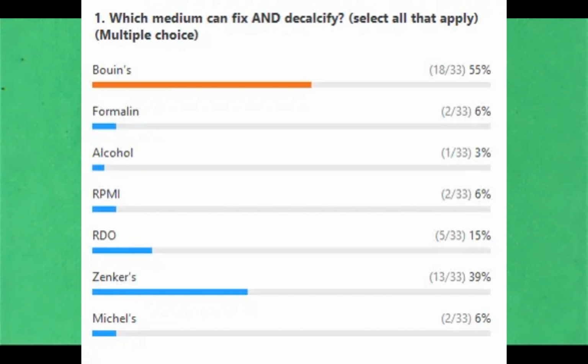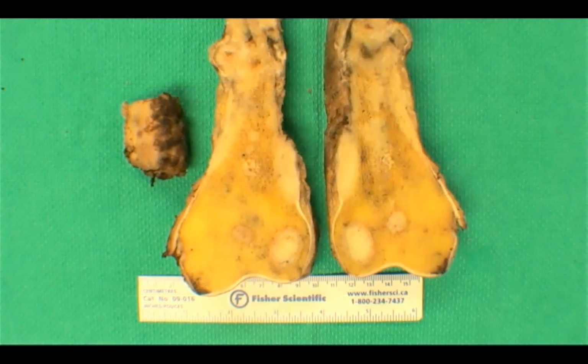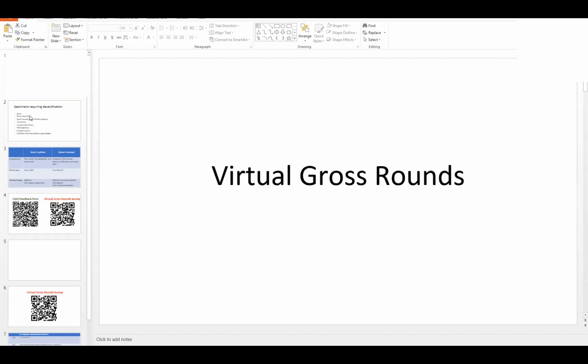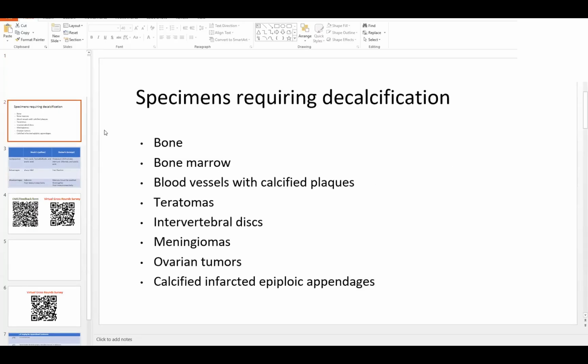RDO is that commercial version of hydrochloric acid. And Michel's is just, again, buffered saline solution, really, for transporting. Yeah, so Bouin's and Zenker's. So just to drive home that point, I'm going to quickly share my screen and remind people that there's many other specimens requiring decal that's not just bone.